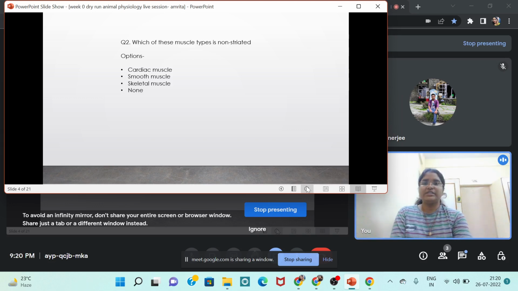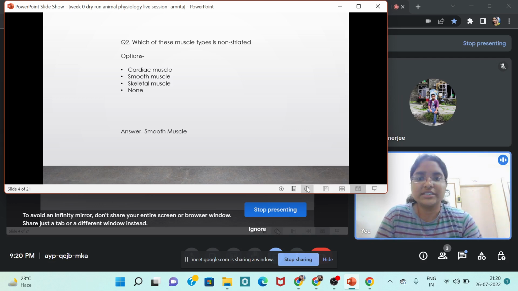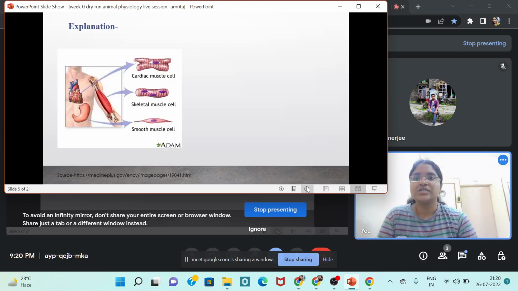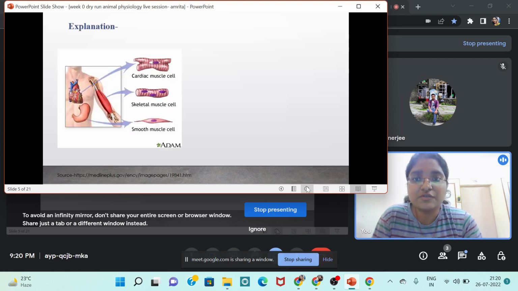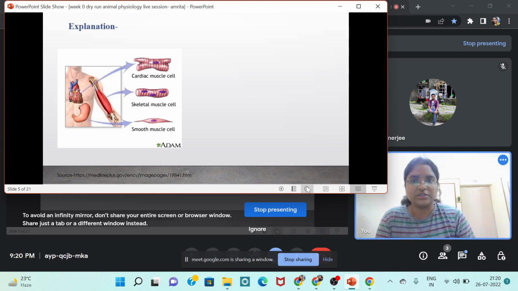So, okay, most of the students have answered it. So, the correct answer is smooth muscles. So, basically, there are three types of muscle cells in our body. These are the cardiac muscle cells, skeletal muscle cells, and smooth muscle cells. So, what are the properties of these muscle cells which make them different from each other?